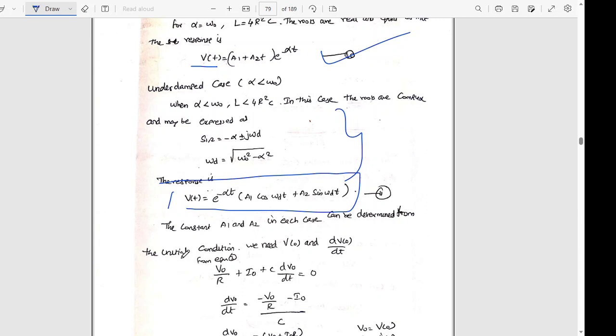So from the equation 3, we have V by R. Instead of V, I am writing V naught, V naught by R. Then I have 1 by C integral of I dt, that can be represented as I naught.